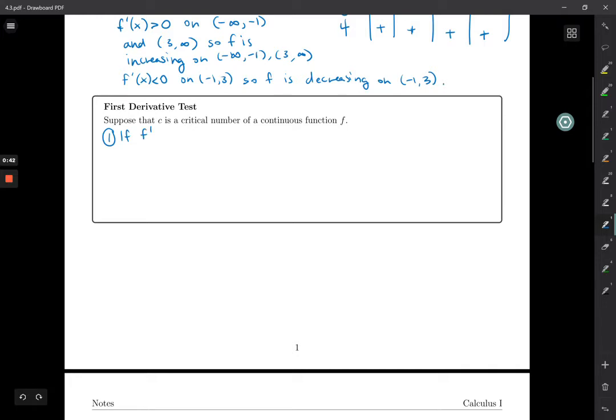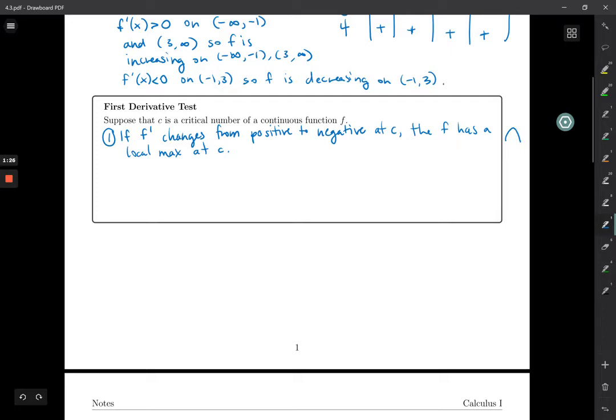If f prime changes from positive to negative, then we can conclude, at the point C, then f has a local max at C. Okay, so notice if the derivative goes from positive to negative, that means that f goes from increasing to decreasing.